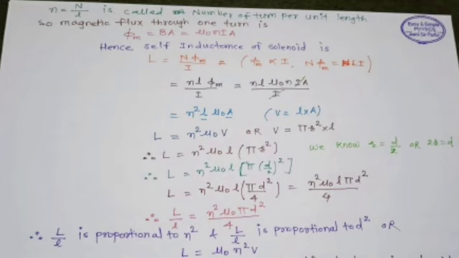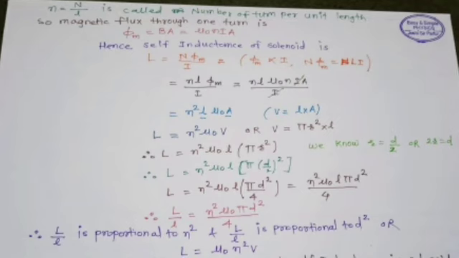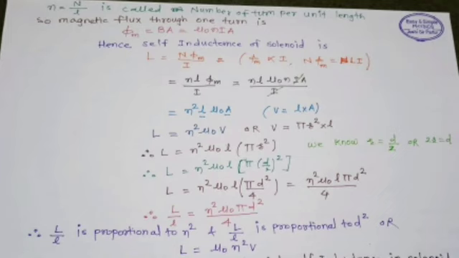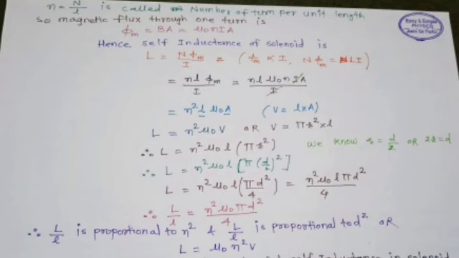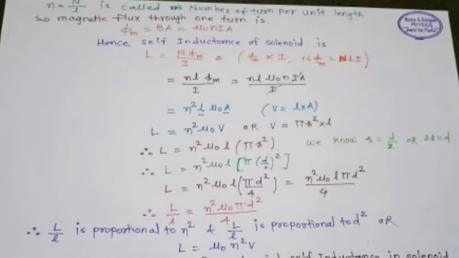So the magnetic flux through one turn is phi m equal to BA, which is equal to mu 0 n I A. Hence, the self-inductance of the solenoid is capital L equal to capital N phi m upon I. We know phi m is directly proportional to I. So, capital N phi m is equal to L I, where L is the self-inductance.